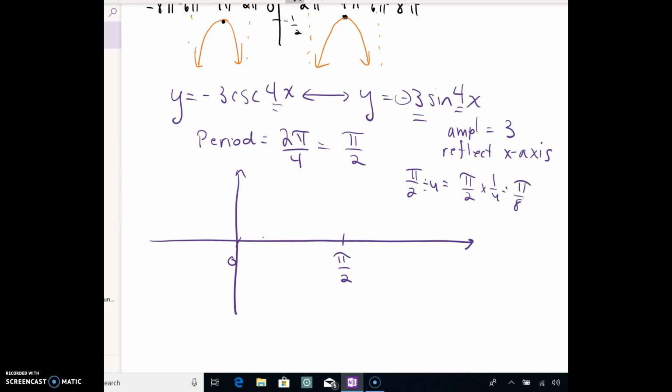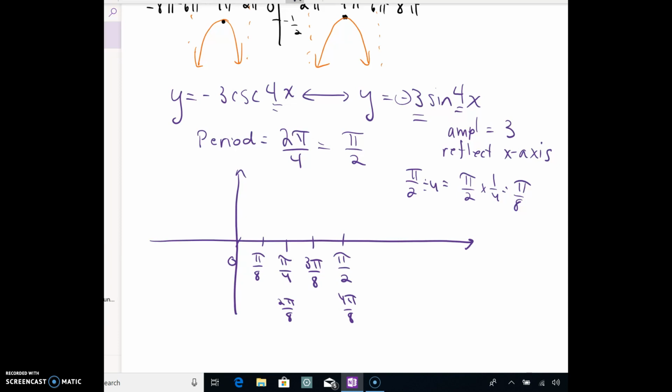So in order for us to figure out what our critical values are, we're going to add pi over 8. So 0 plus pi over 8 is pi over 8. Pi over 8 plus pi over 8 is 2 pi over 8, which reduces to pi over 4. 2 pi over 8 plus pi over 8 is 3 pi over 8. And 3 pi over 8 plus pi over 8 is 4 pi over 8, which reduces down to pi over 2.